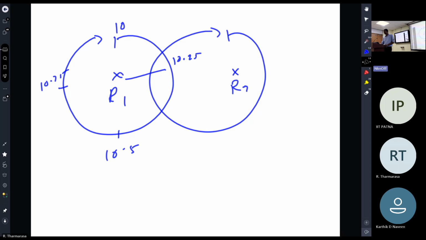And for the other one, say this is 10, 10.25. Are you okay with that? So if you have a target over here, the first sensor will detect at 10.25, the other one will detect at 10.75. Correct? Because it's a rotating radar.